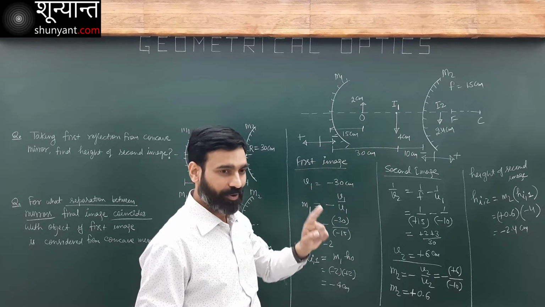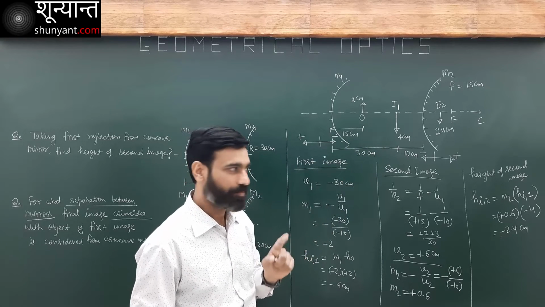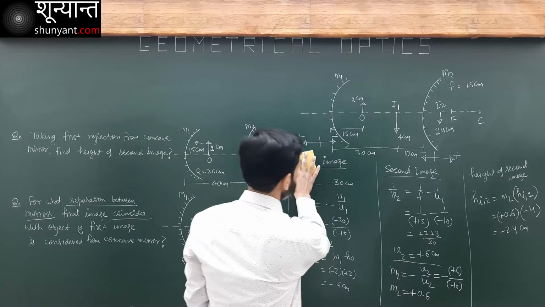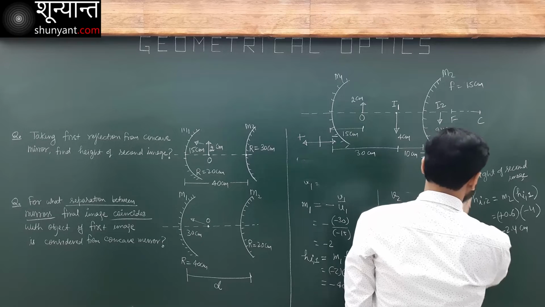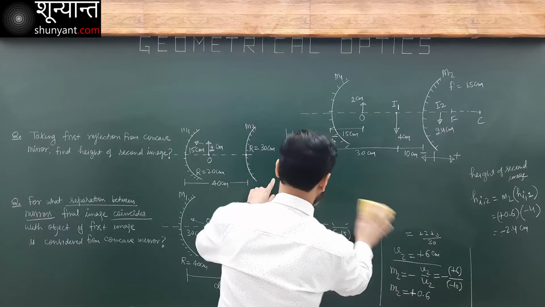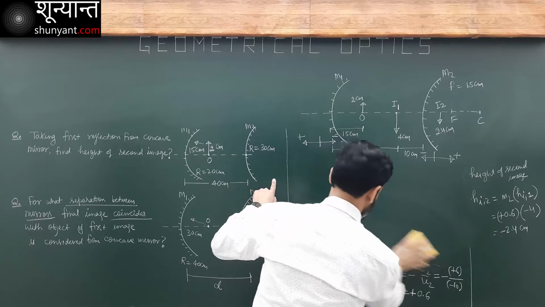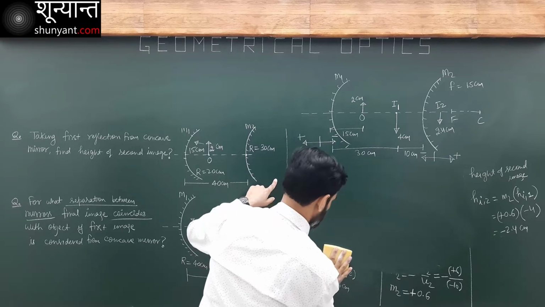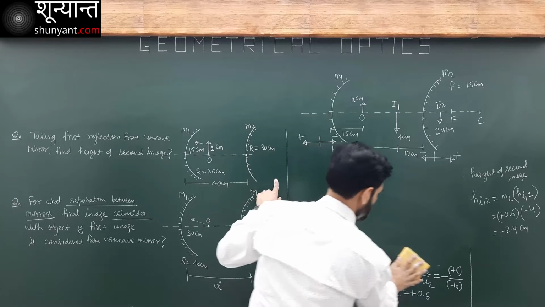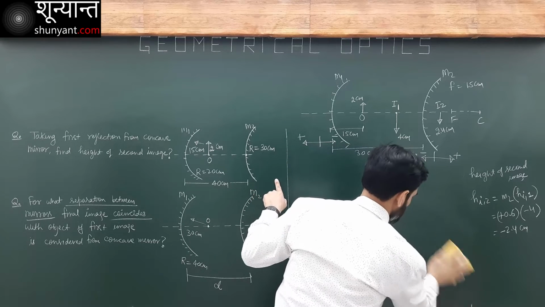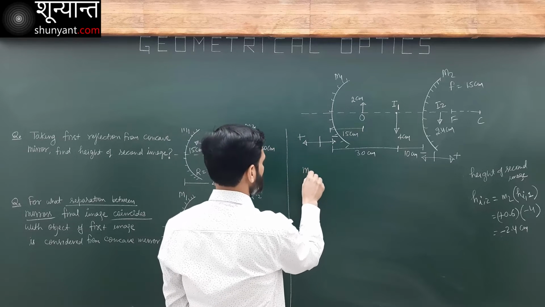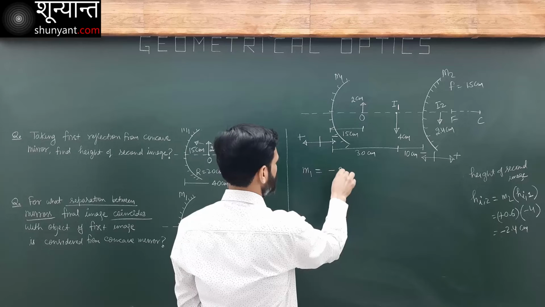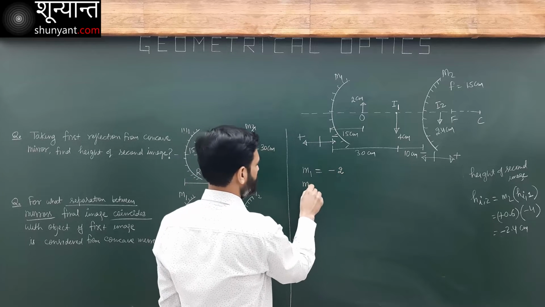Now, one very important concept here. Let me discuss this. This is the height of the second image. What was magnification M1? It was minus 2. And what was M2?